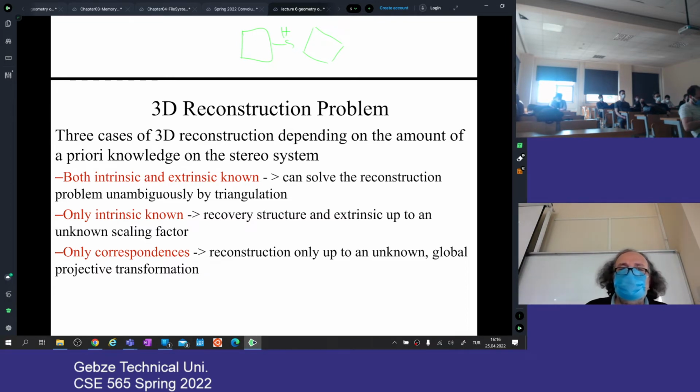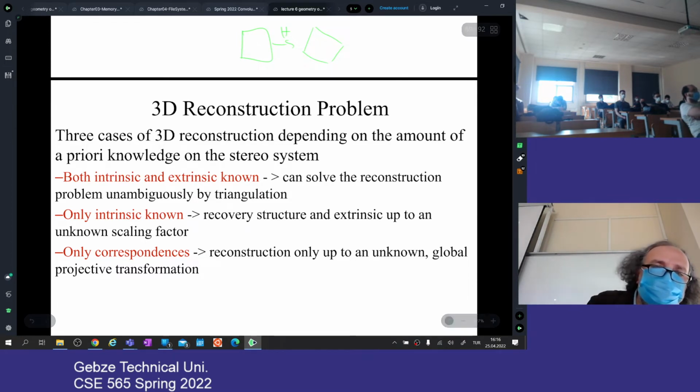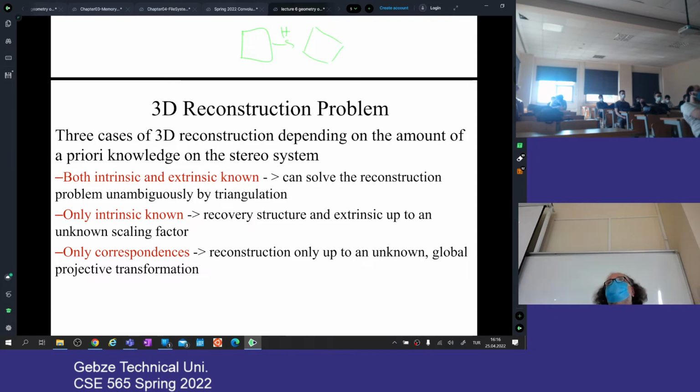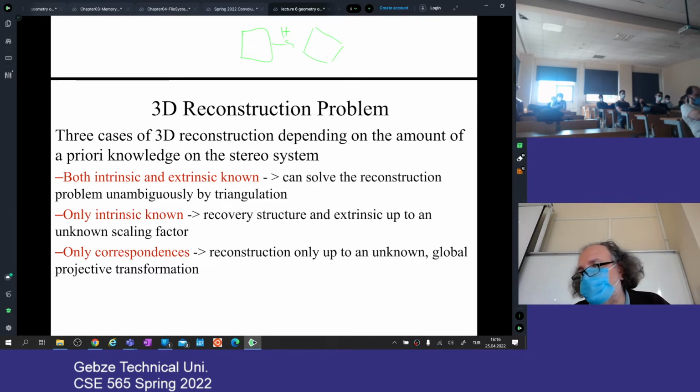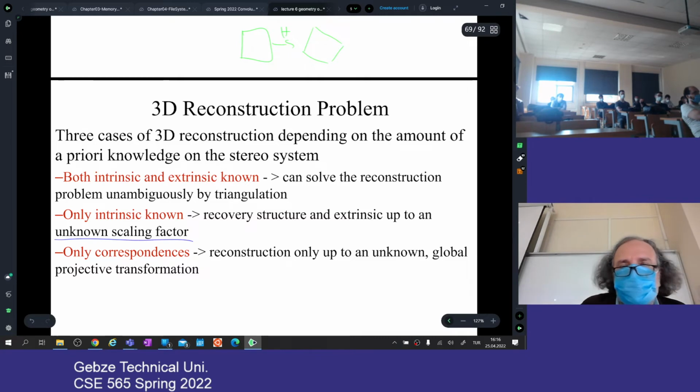But if you know only the intrinsic parameters of your left camera and right camera, and you don't have the extrinsic parameters R and T, you can reconstruct your scene up to a common scaling factor. So I can give you the depths, the XYZ values of each point, but you are going to multiply whatever I give you with a constant number for the whole scene. That's an unknown scaling factor.